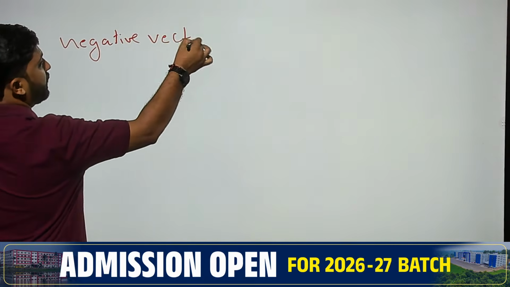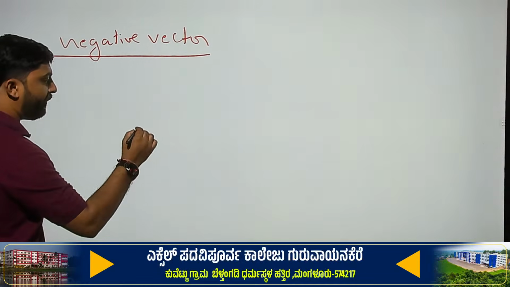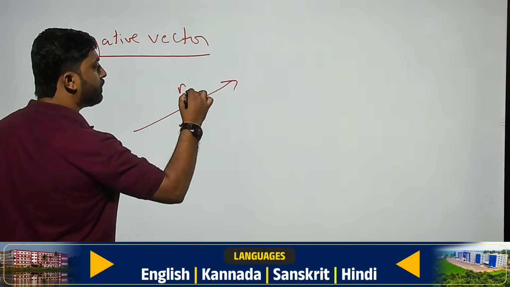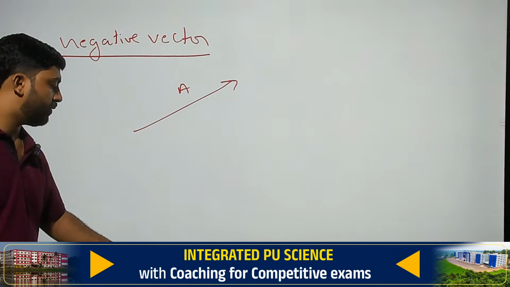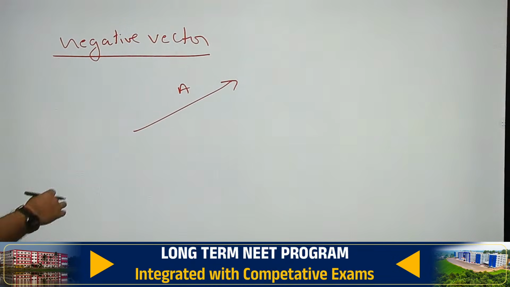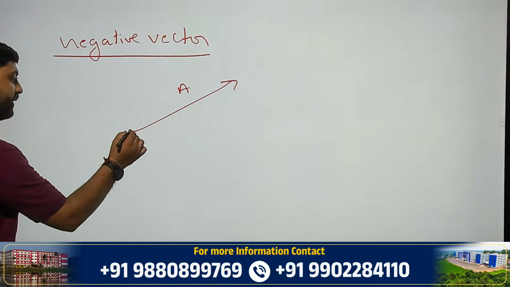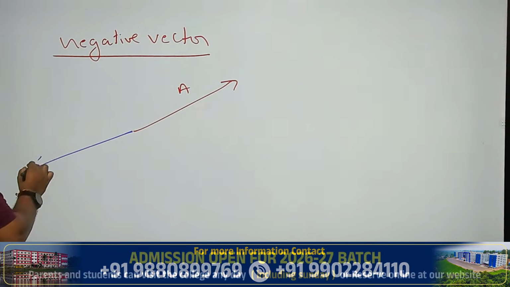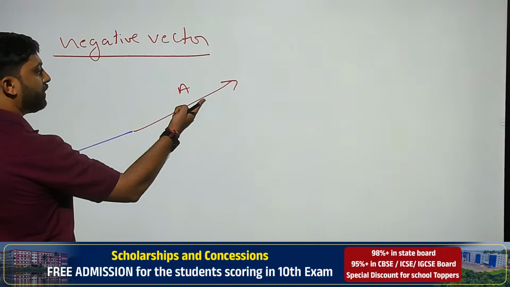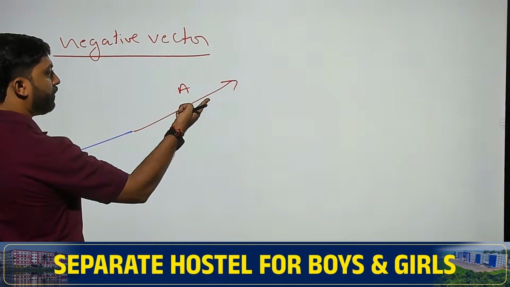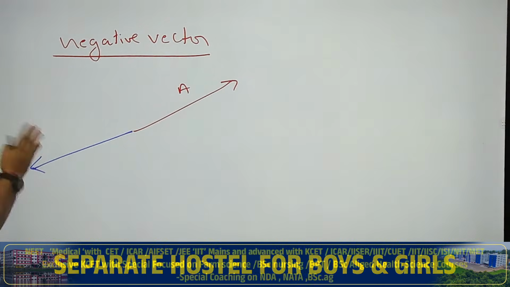What is a negative vector? If you have a vector A in some direction, a negative vector is a vector having the same magnitude as the given vector but taken in the opposite direction.